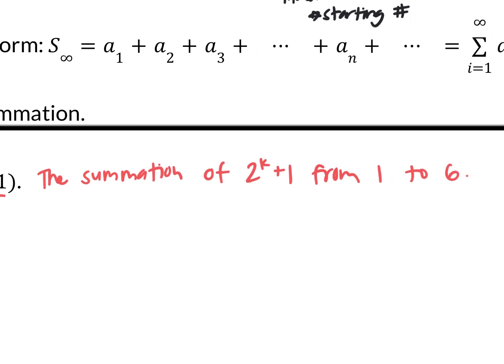So that means I'm going to plug in 1, plug in 2, plug in 3, plug in 4, plug in 5, plug in 6, and add all of those terms together.